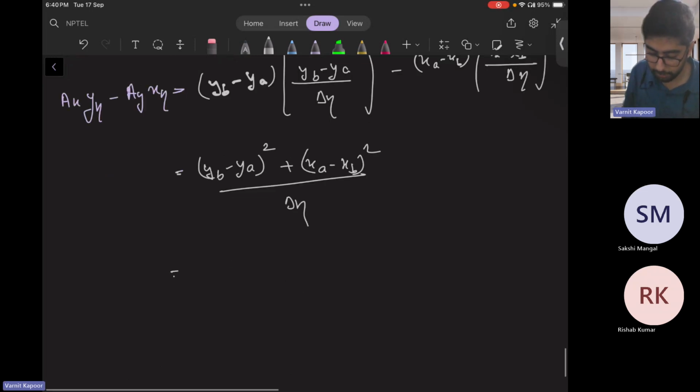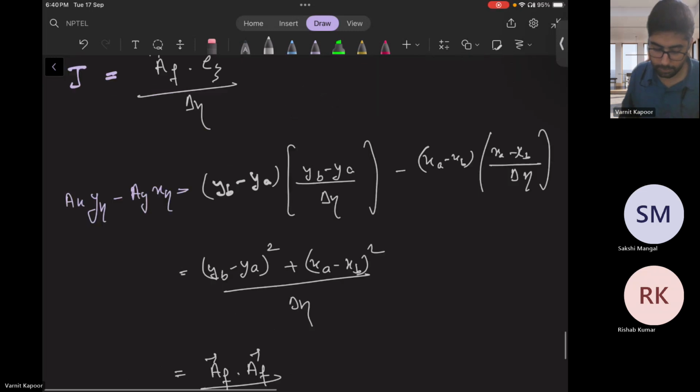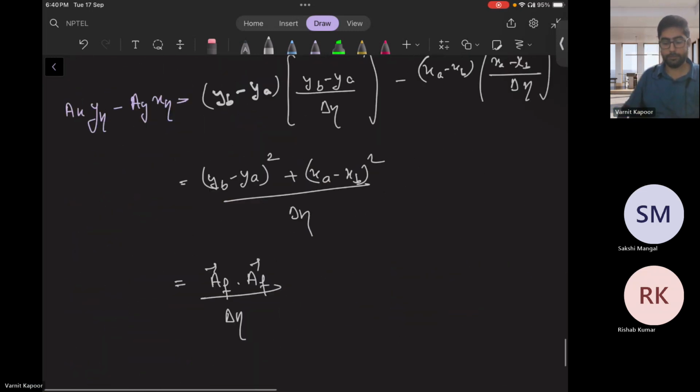If you see, this is nothing but af dot af over del eta. You know what af is; we already know that. I hope it is clear till here.